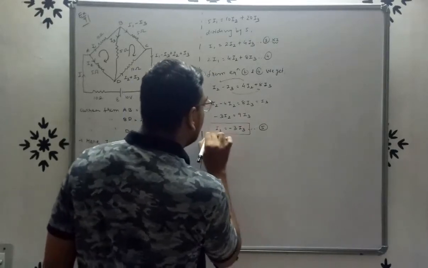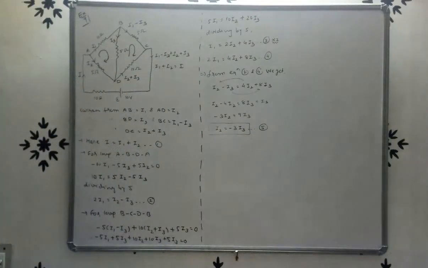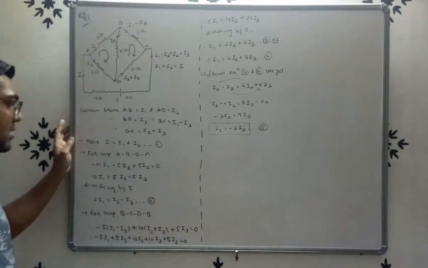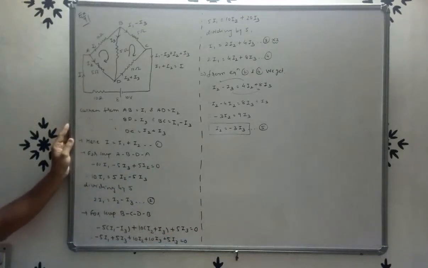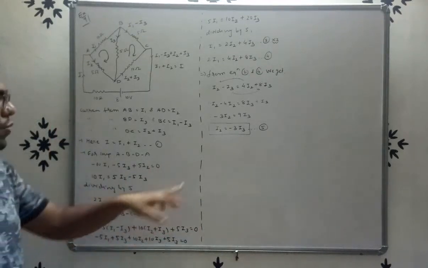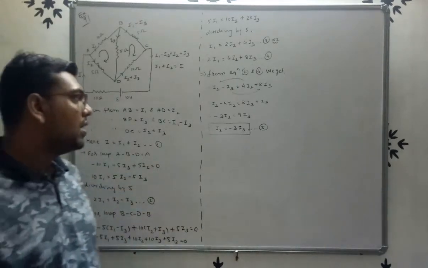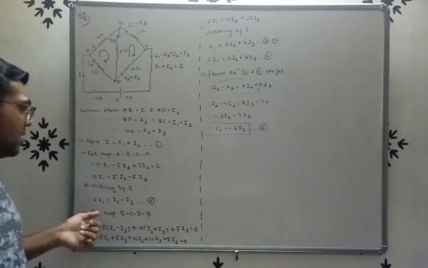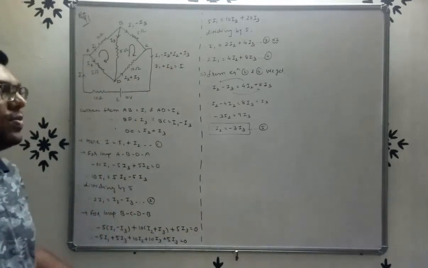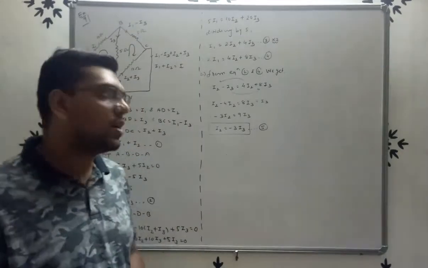So here we get a relation between current I2 and I3. The relation is I2 is equal to minus 3I3. Right? So here we put the value of I2 into equation 2, so we get a relation between I1 and I3. So we can easily find out the value of current.